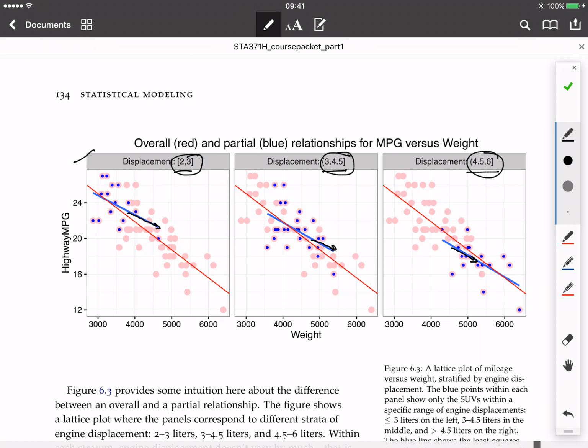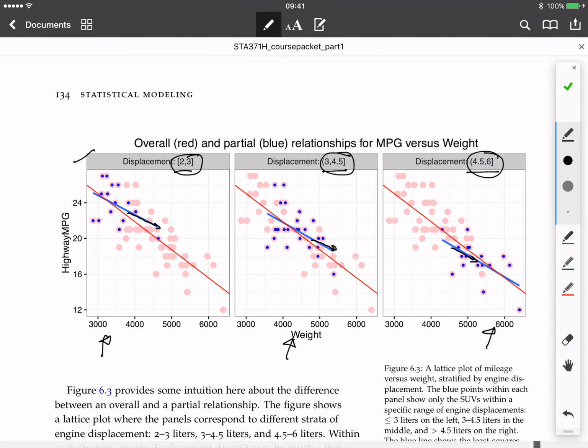You notice that the cars in this panel over here tend to be at the left-hand bit of the axis. The cars in this panel tend to be in the middle, and the cars in this panel tend to be over on the right-hand side of the axis. That reflects the fact that engine displacement and weight are correlated. Bigger, heavier cars tend to have bigger, higher displacement engines.